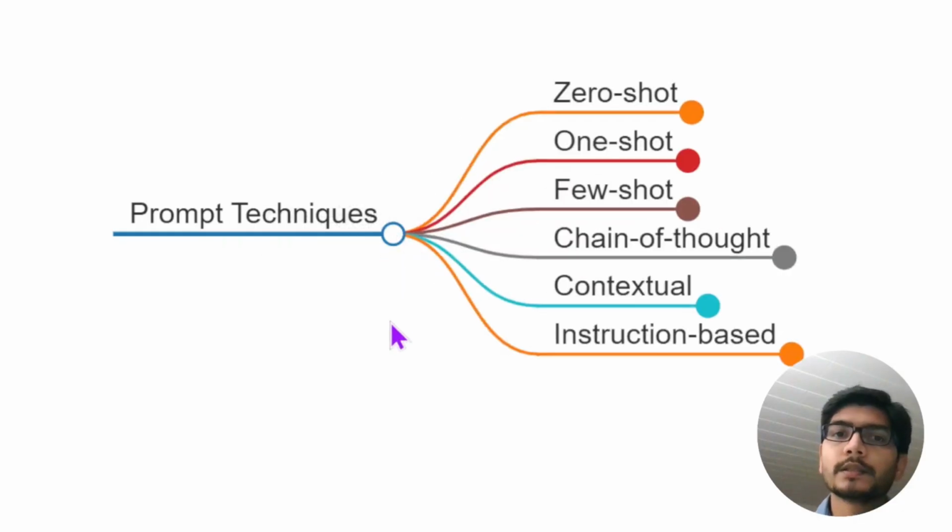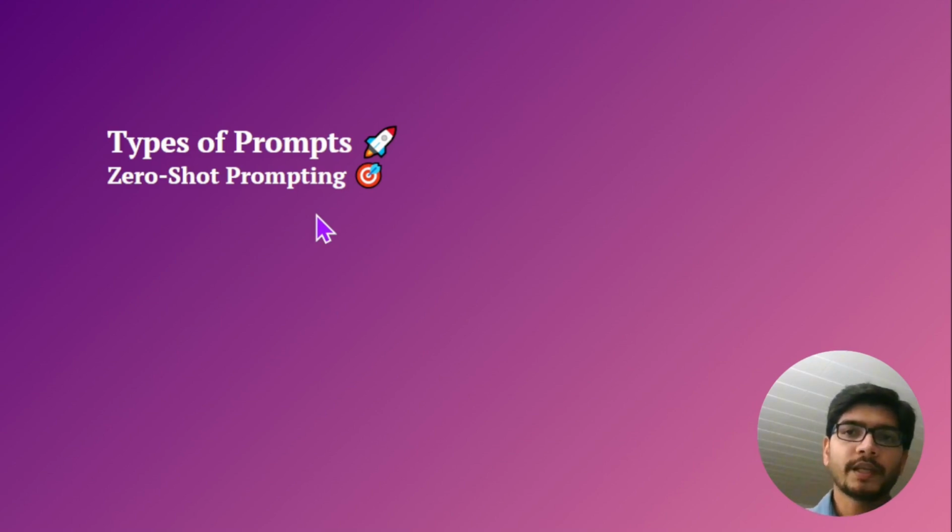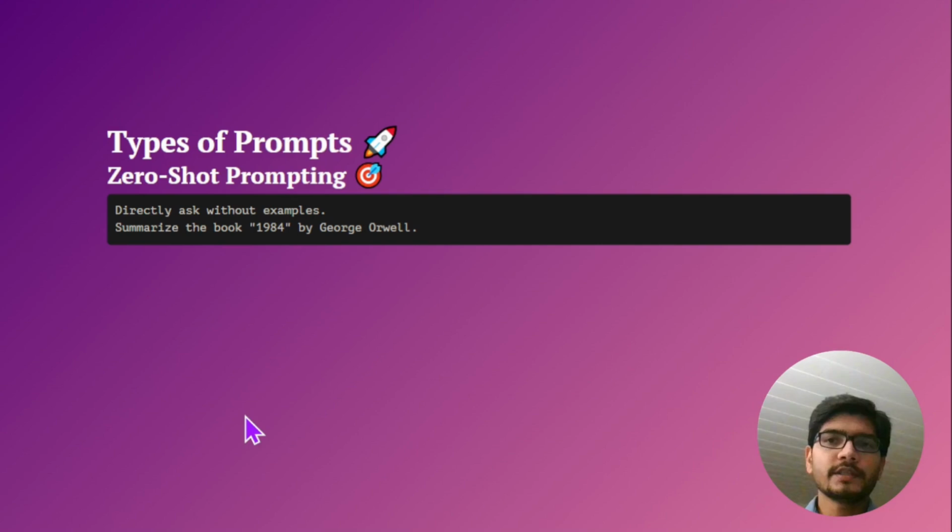So, these are some examples here, and I will show you all these types with small prompt examples. Zero shot prompting involves directly asking the AI without providing any example. For instance, you can ask, summarize the book 1984 by George Orwell.